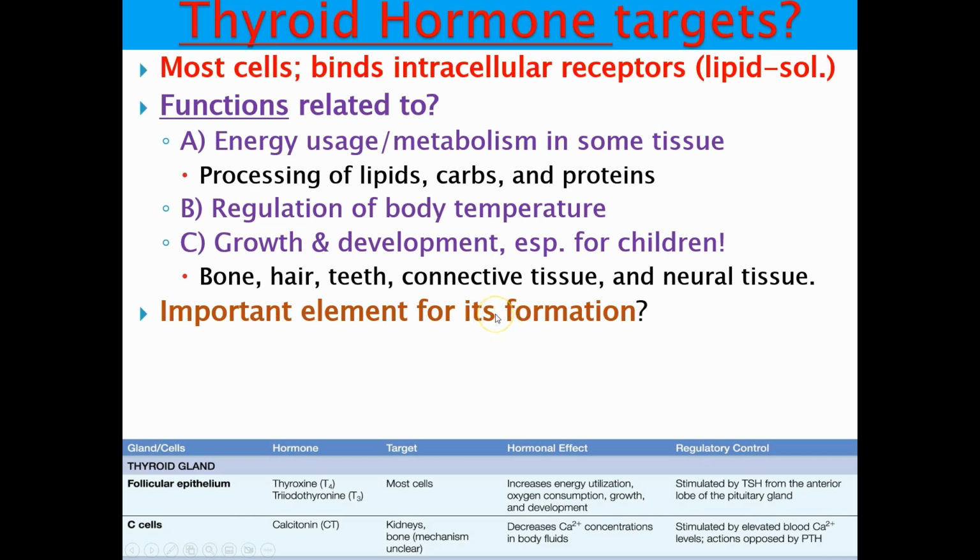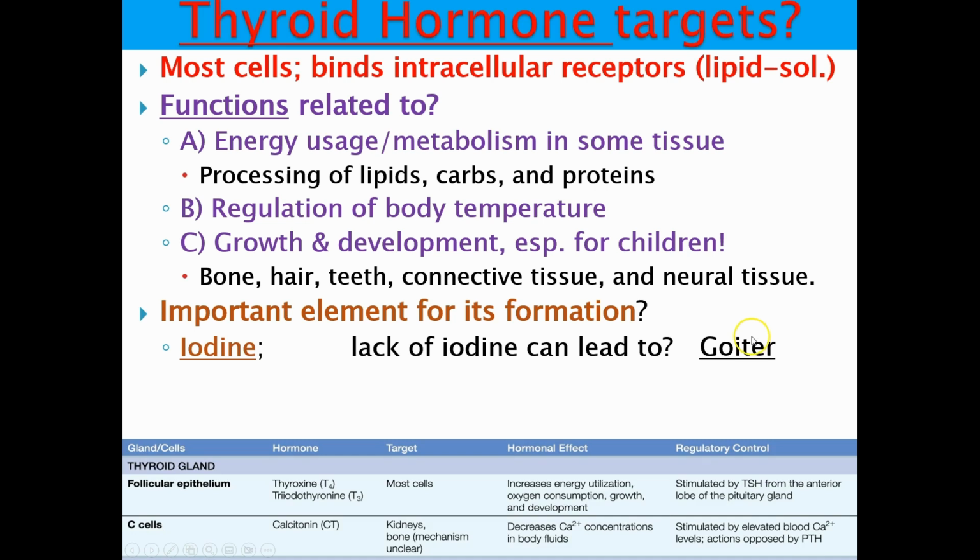Now, you might not know it because it's very rare for us to have this in countries where we add iodine to salt, and obviously I just gave away the answer. Iodine is important because we add it to salt, and so that's why it's very rare that you're going to see in developed countries these goiters that can exist, which is literally an enlargement of the thyroid gland.